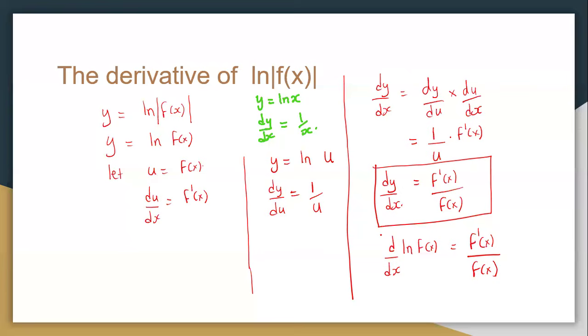So whenever you are differentiating a natural log, always look at the function in this position, differentiate it, then divide your answer by the original function. That is the rule we are going to be looking at.